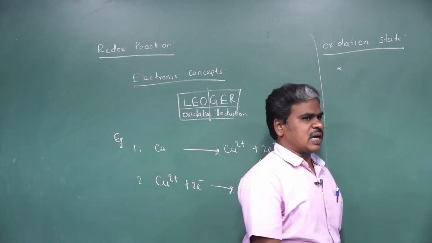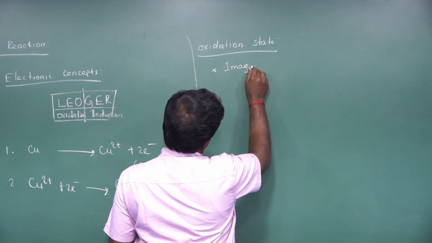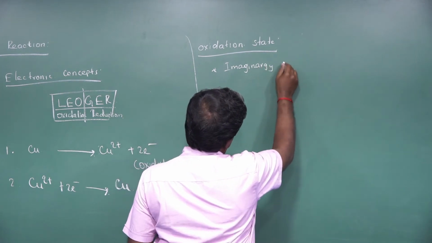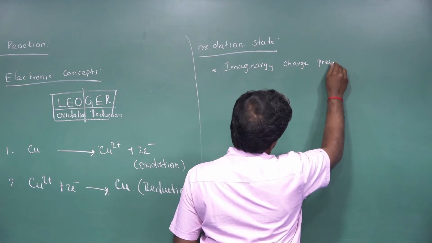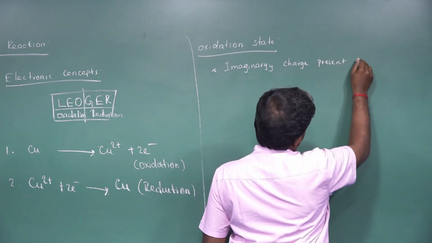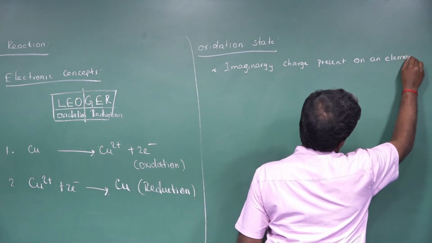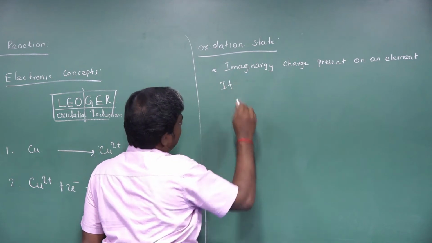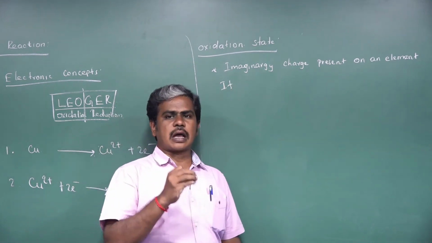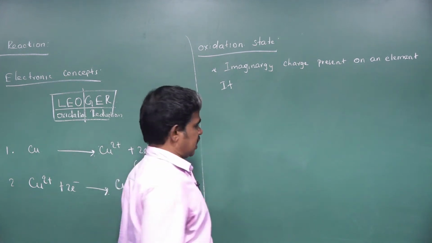The oxidation state of an element is defined as the imaginary charge present on an element if all the atoms in a compound are removed with their usual oxidation state.